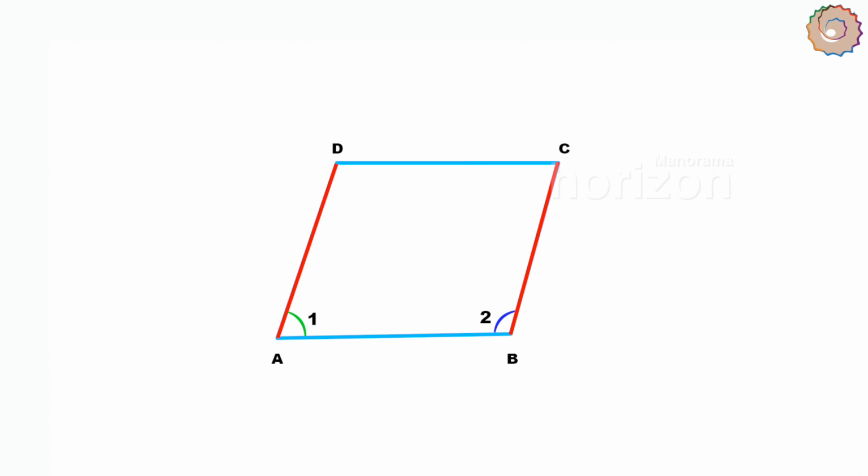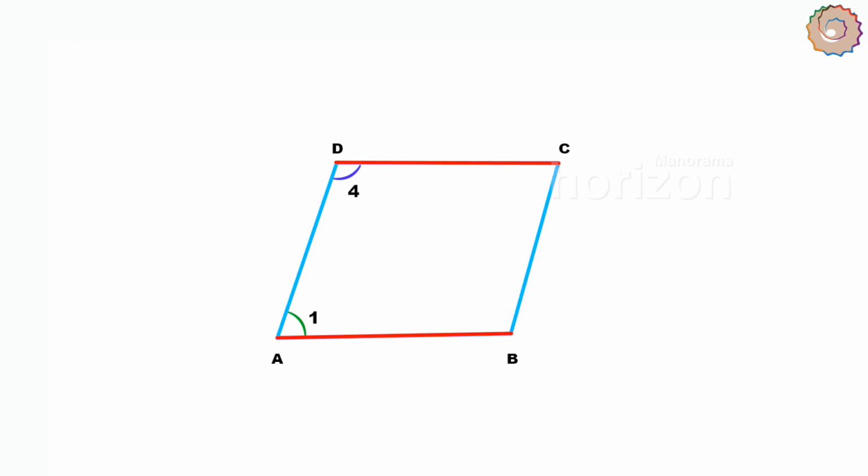Now, for lines AD and BC with AB as the transversal, angle 1 and angle 2 are interior angles on the same side of the transversal. So, angle 1 plus angle 2 is equal to 180 degrees. Since interior angles on the same side of a transversal are supplementary, hence we can write AD is parallel to BC.